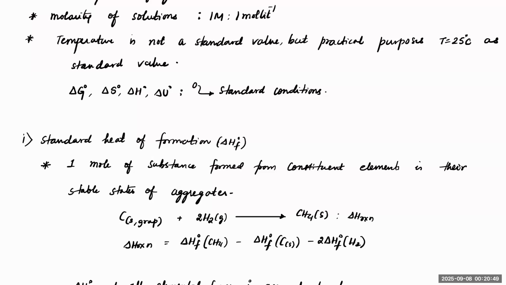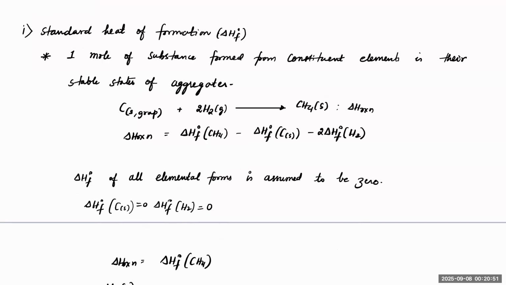Clear? Starting with the first, what exactly is standard heat of formation, delta H of formation? Standard heat of formation means 1 mole of a substance forming from constituent elements in their stable state of aggregation. What is the stable form of various elements? For example, carbon's most stable form is graphite, while hydrogen's most stable form is H2 gas.